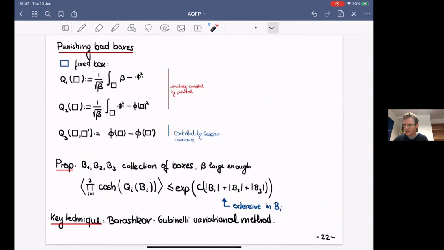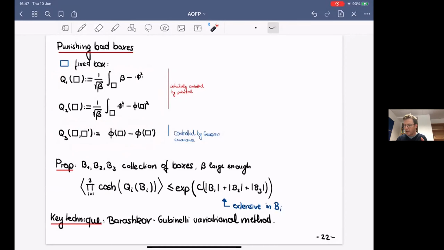So you have these Q1 and Q2 functionals that are large if your field itself is not close to the square root of beta, and then Q3 punishes if two blocks are too far apart.